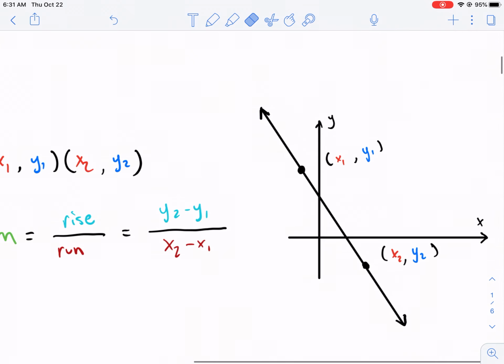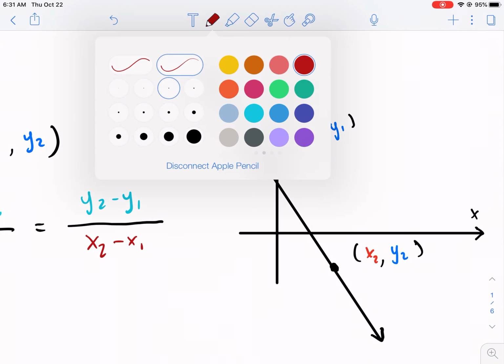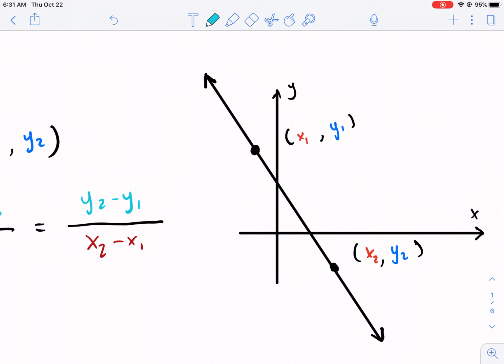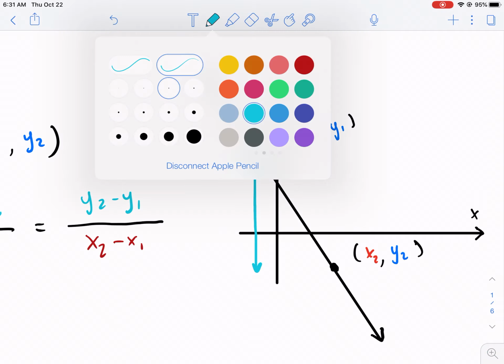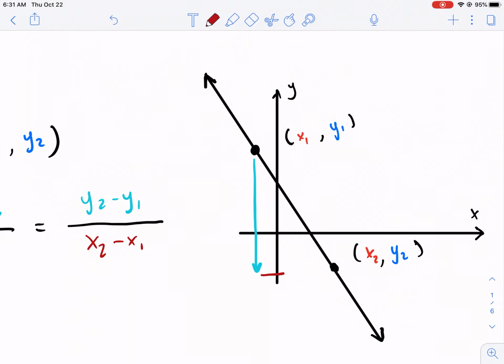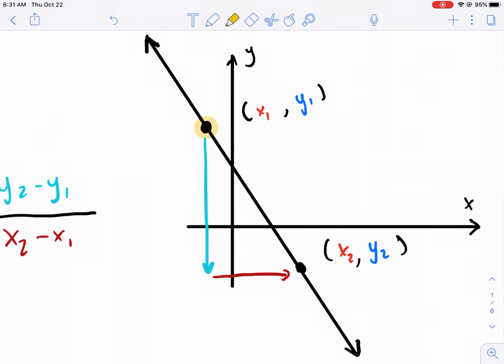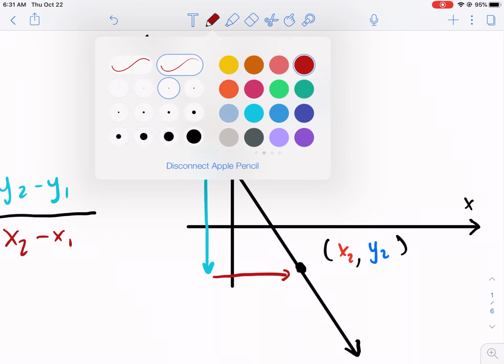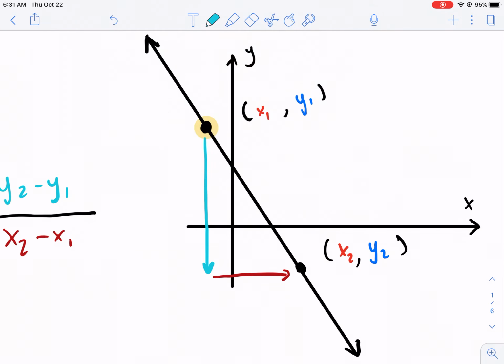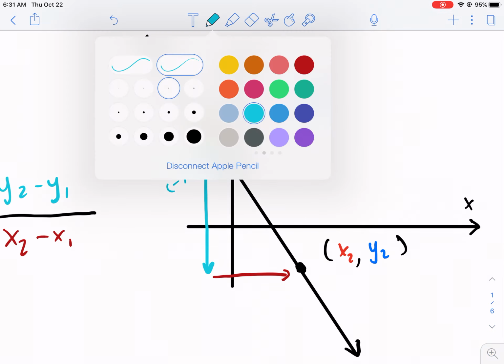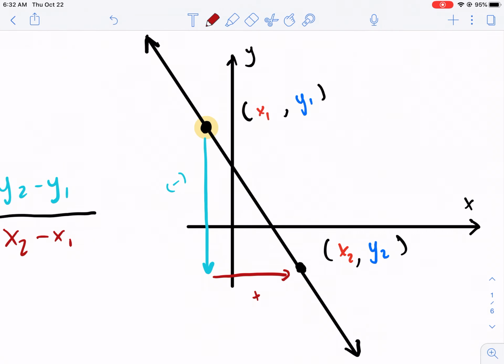Now, if you're counting, this is why I drew the graph here, we can count the difference of y's, the rise. I like going left to right, starting with my left point and moving to my right, and I would count the rise. In this case, it would be a negative rise. Going left to right is always the positive direction.